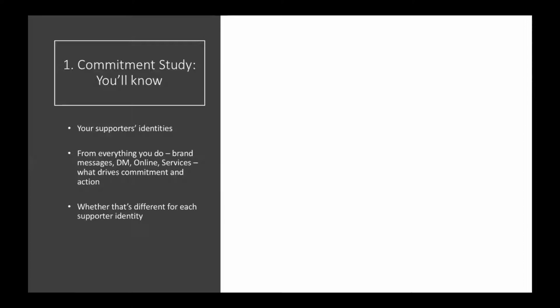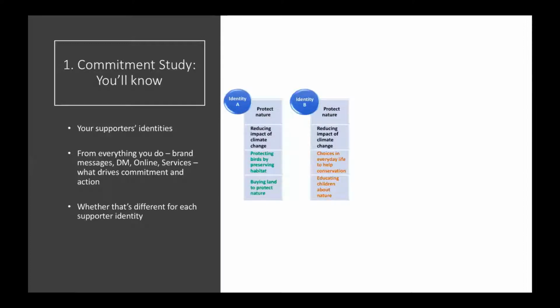And as an example, that's what we did with one of our clients, a conservation charity. And by the end of it, we found that there were two supporter identities. Let's call them identity A and identity B. And looking at the brand messages that the charity was using, we saw that there were some differences. Like the first two brand messages were equally important for both identities.